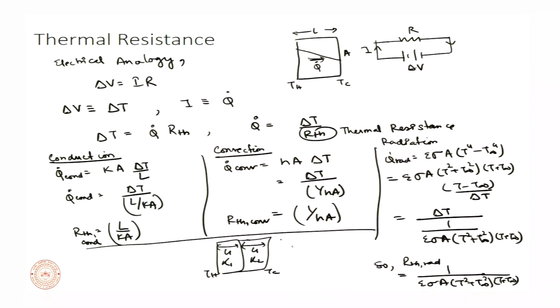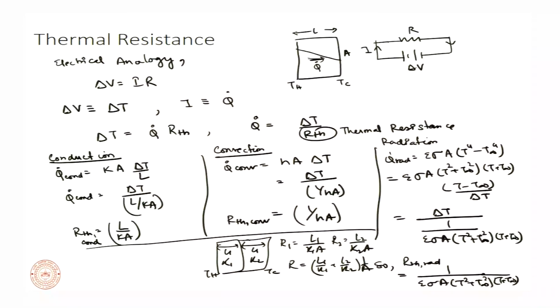This is in series. So your R1 will be equal to L1 by K1 into A. They both have the same cross section. R2 equals L2 over K2 into A. R therefore will be equal to (L1 by K1 plus L2 by K2) into 1 by A. And we can then substitute this R value back into our equation, and we can find out the relation between Q and delta T.